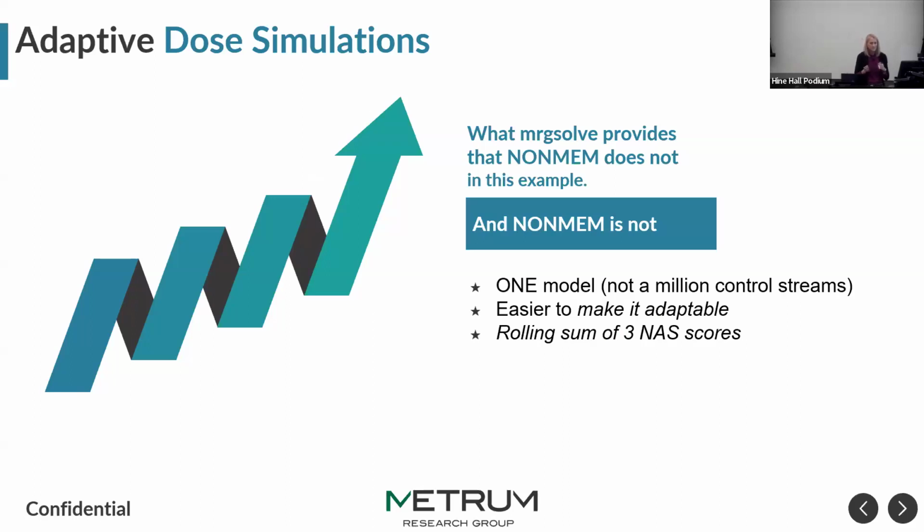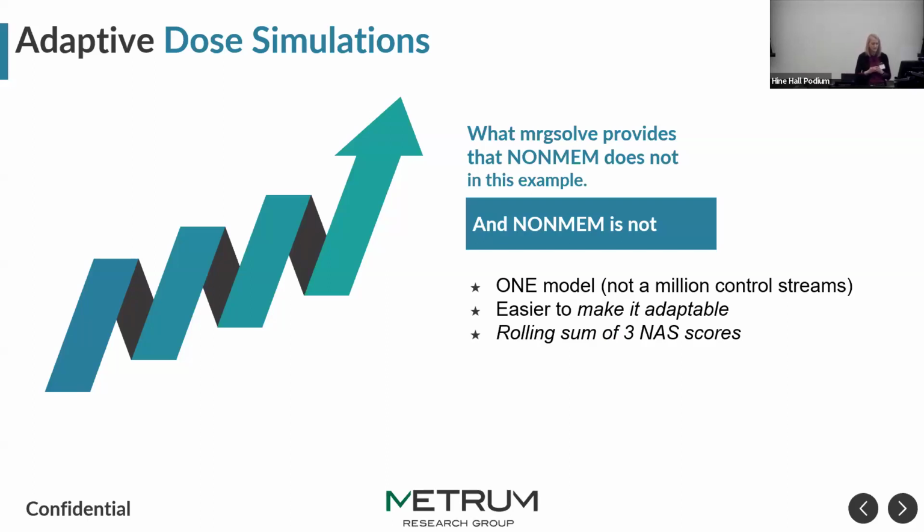And so some advantages of using this package over NONMEM is that in NONMEM, every time we want to change one of our dosing paradigm parameters like titration or wean rate or starting dose, we would need to develop a new control stream or a new data set. But with MRG-Solve, we can actually do it in one line and just change the parameterization.